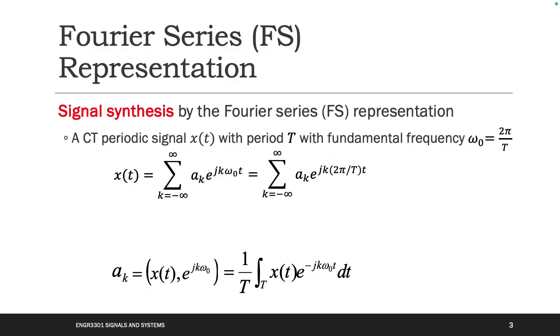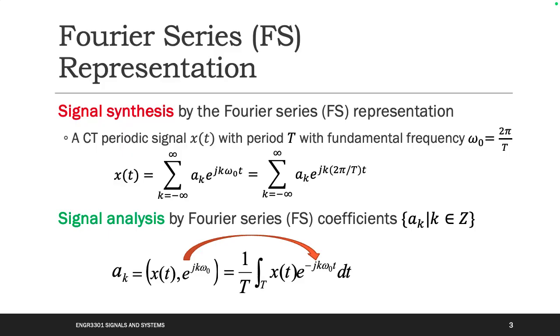And you can see there is an integral over T. Do you know the meaning of this T? This is an integral just for one period. It's not from negative infinity to positive infinity, it's just for one period. And when comparing this one and this one, pay attention, there is a negative sign.